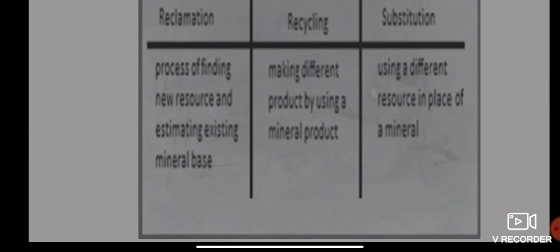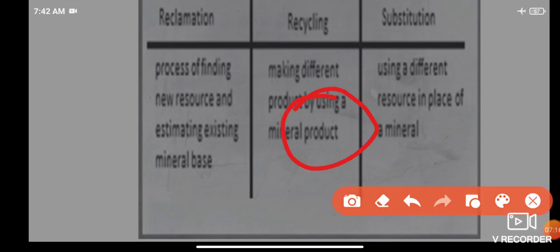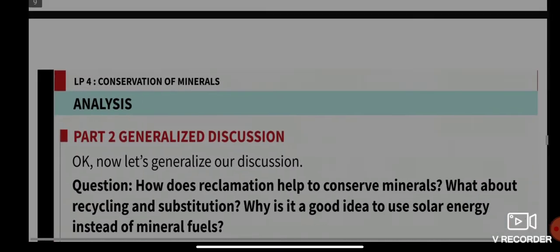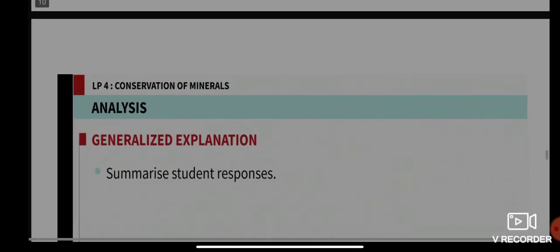And substitution means using different resources in place of a mineral, like using solar energy instead of coal to produce electricity. Such is known as substitution and how it helped to conserve the minerals. Hope you got it.